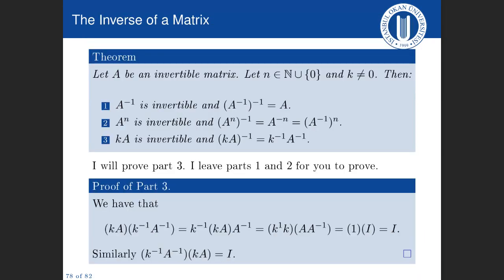Okay, so let me go back to the theorem. And in particular, I'm interested in number 2 of the theorem. The theorem says if A is an invertible matrix, then A to the power n is also invertible, and the inverse of A to the power n is the same as A inverse to the power n.